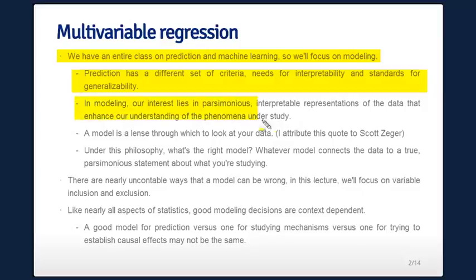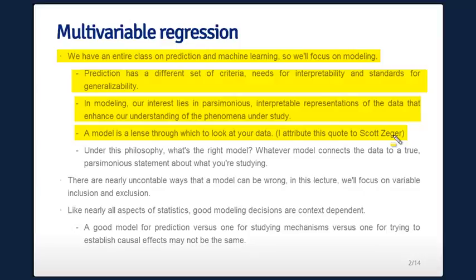In modeling, our interest lies in parsimonious, interpretable representations of the data. So we want a small model that's a good representation of the data and teaches us something in an interpretable way. I like to think that there is no such thing as a correct model. My friend Scott Zeger, a renowned statistician, often says that a model is a lens through which you look at your data.